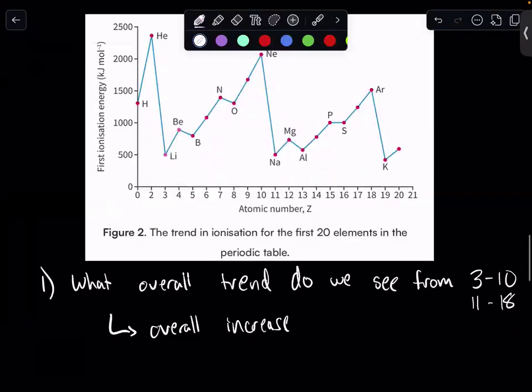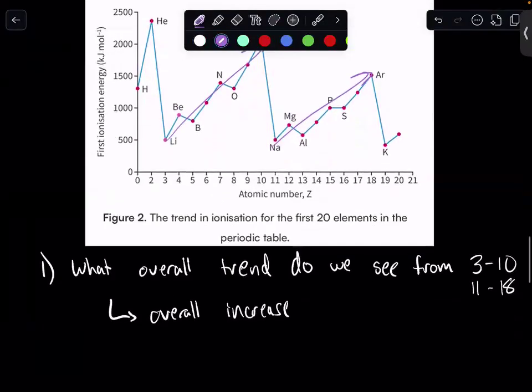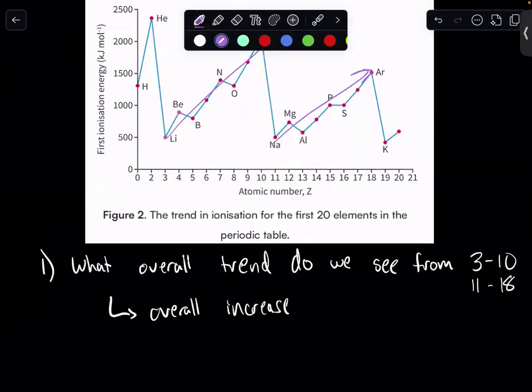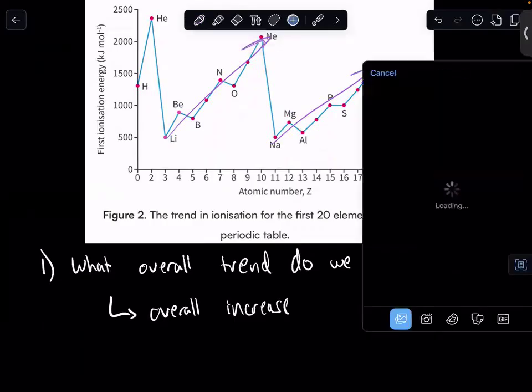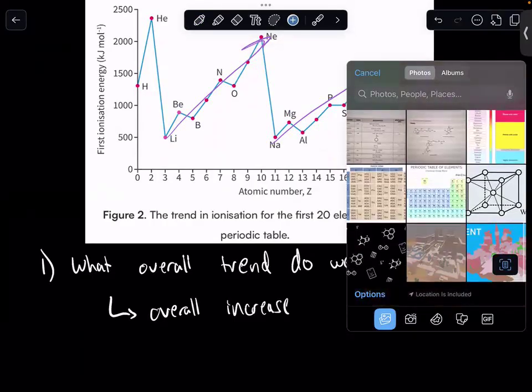And so we might ask, why is that? Why does ionization energy increase between 3 and 10 and 11 and 18? Well, we can explain that one quite simply once we bring up our periodic table.